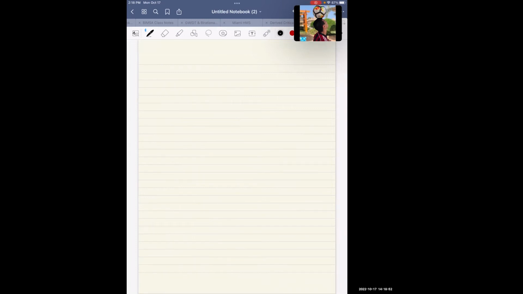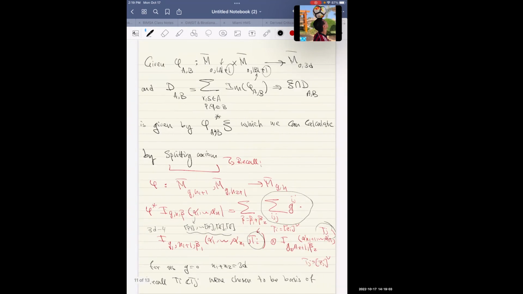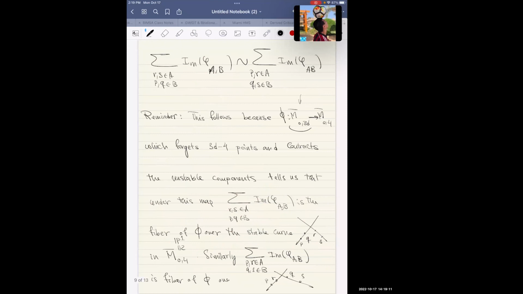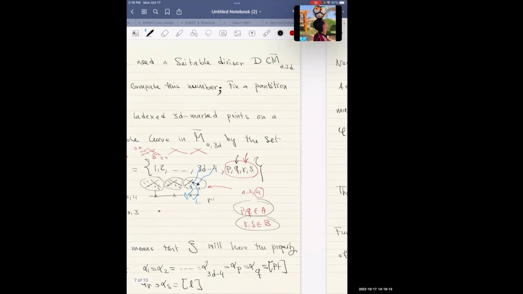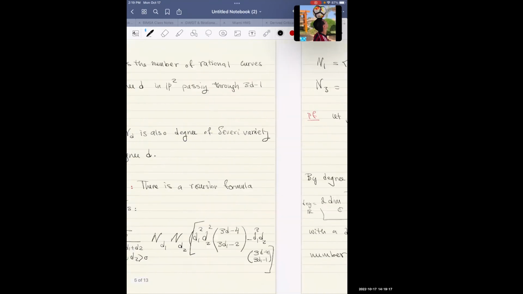Okay. So now, as you can see, the calculation will be basically using a splitting axiom. So we are trying to calculate an invariant.